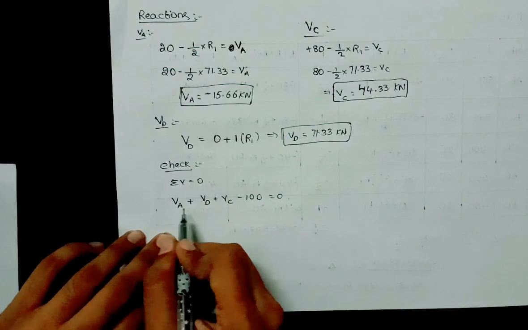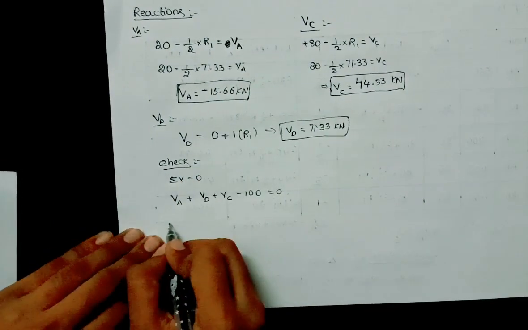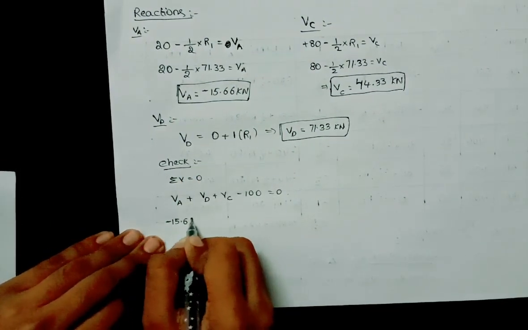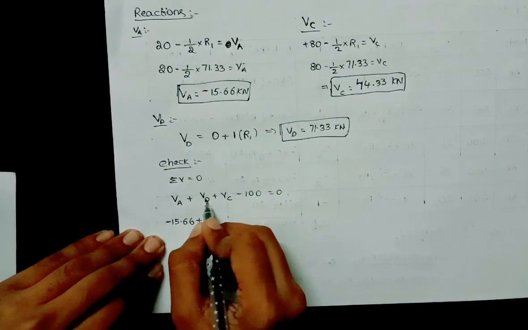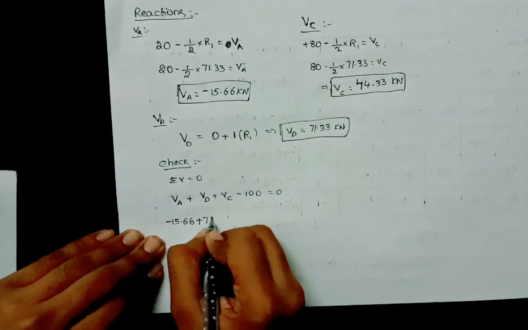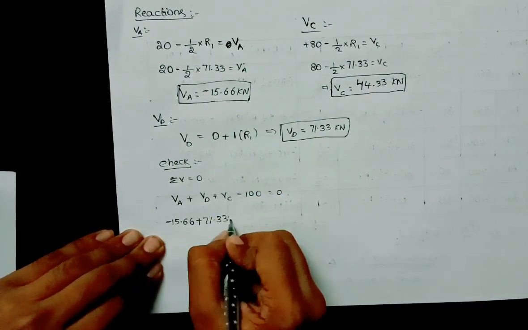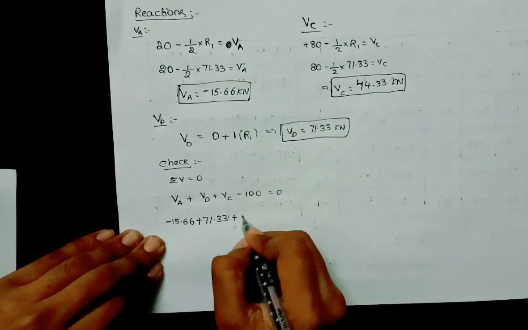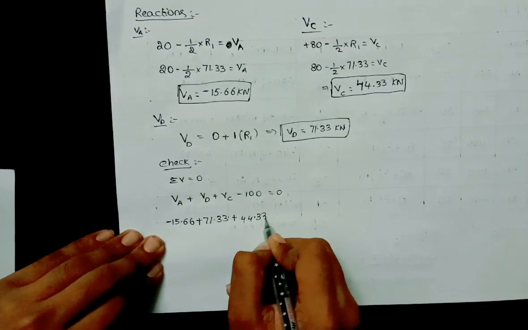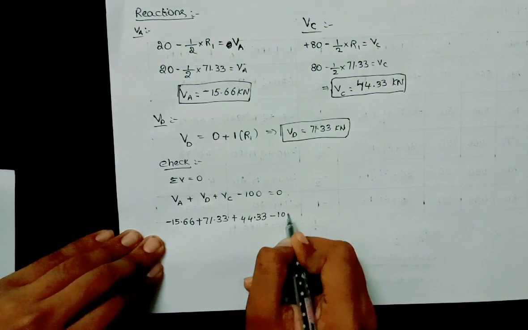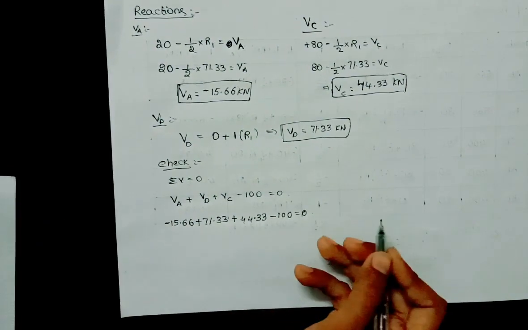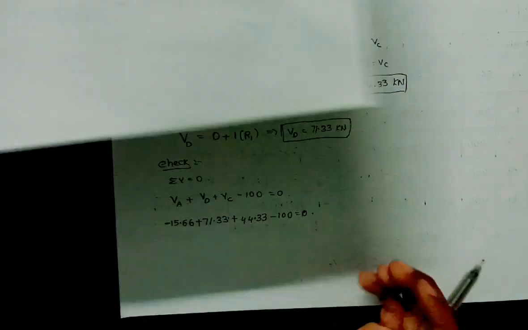Now place VA equal to minus 15.66 plus VD 71.33 plus VC 44.33 minus 100 equal to 0. I have just applied sigma V equal to 0.